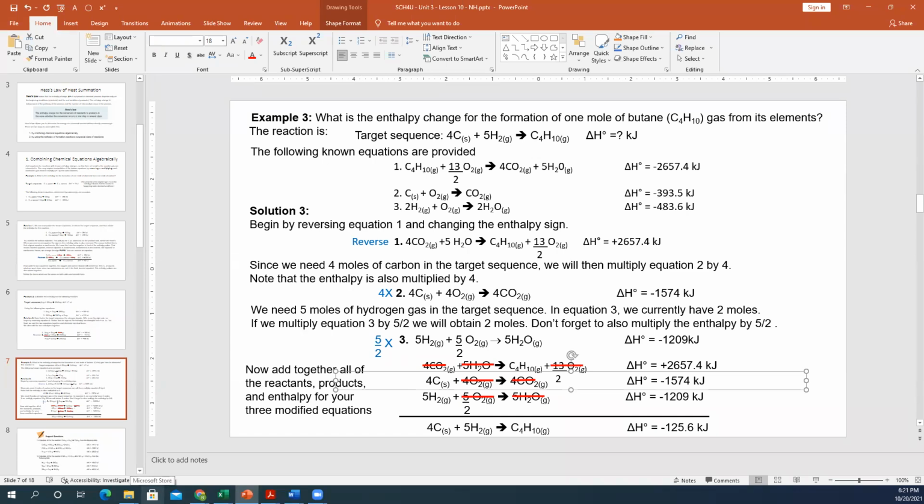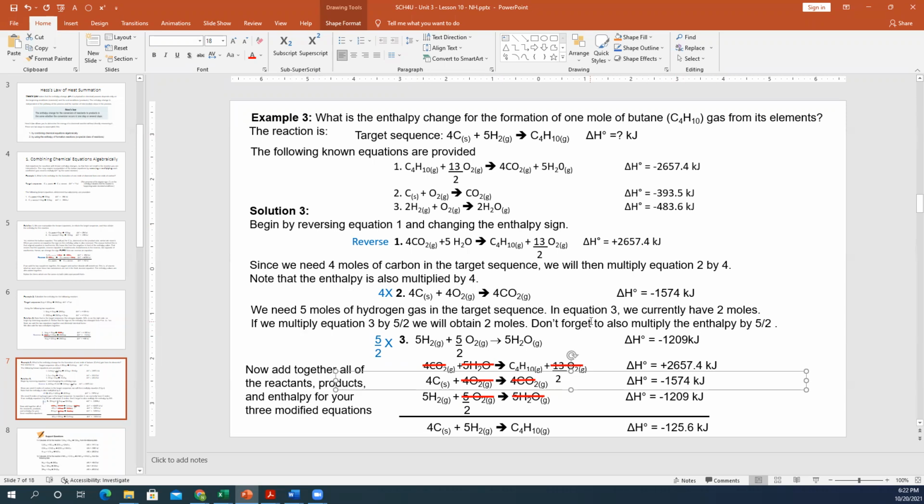Now we notice that we need 5 moles of hydrogen gas in our target sequence. Do we have that yet? No, we don't. But look, we have it in our equation number 3. Is it on the side that we need it on? Yes, it is, but it's just not the number that we need. We need 5, and in this equation, there's 2.